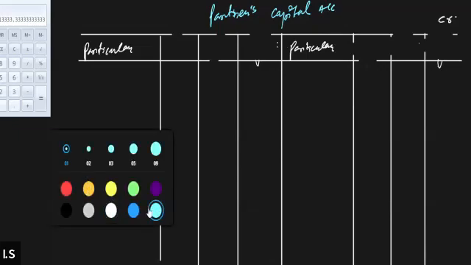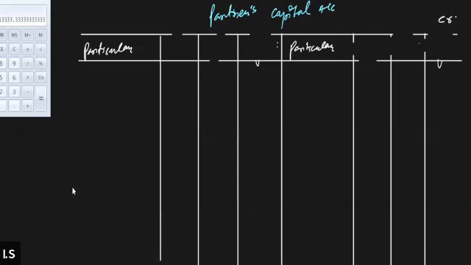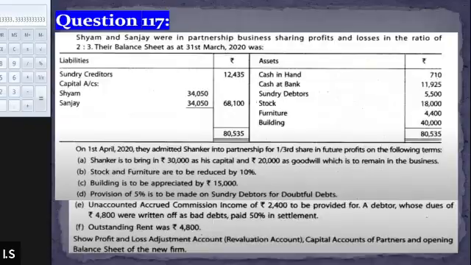The new partner is Shankar, bringing in capital 30,000 and goodwill 20,000.